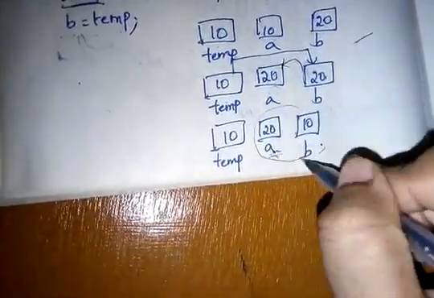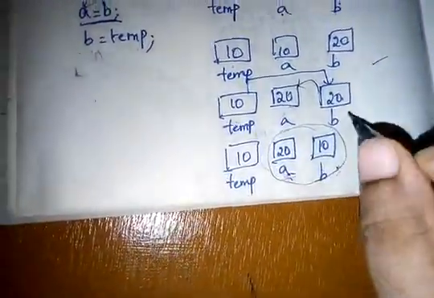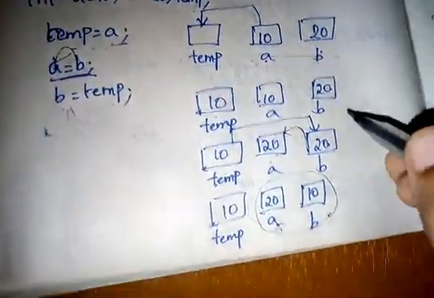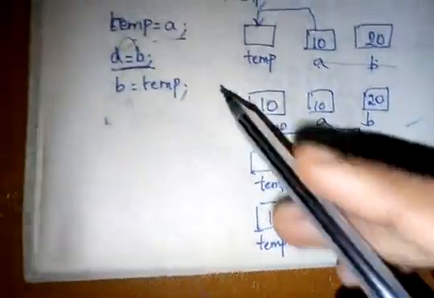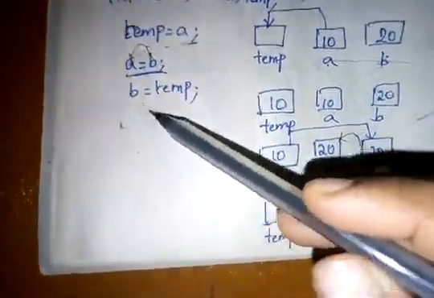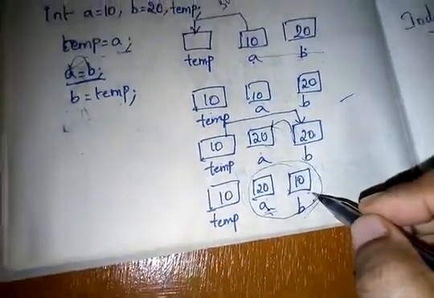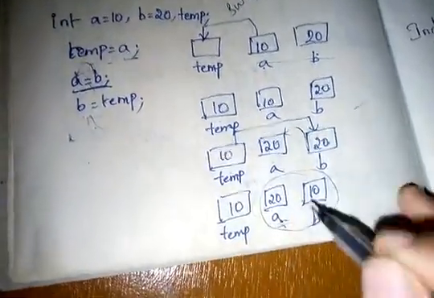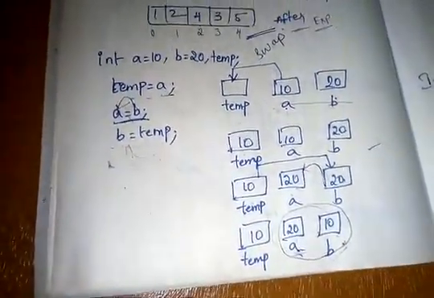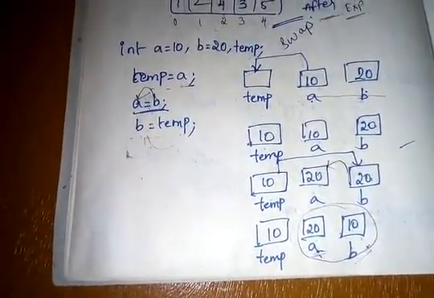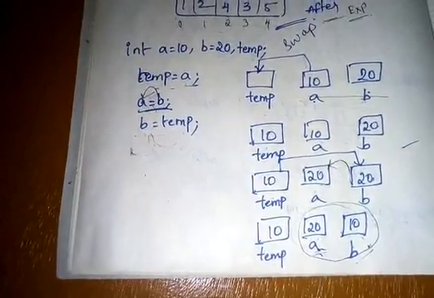So if you observe, initially we have a equal to 10, b equal to 20, but finally after execution of these three statements we have a 20 and b 10, in which the exchange of these two variables has happened. That is about exchanging values of two variables.